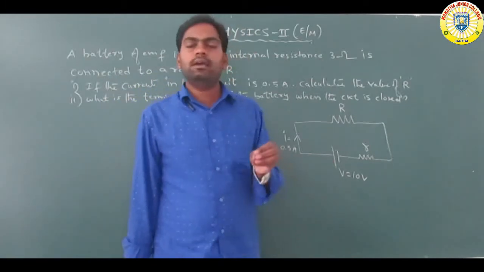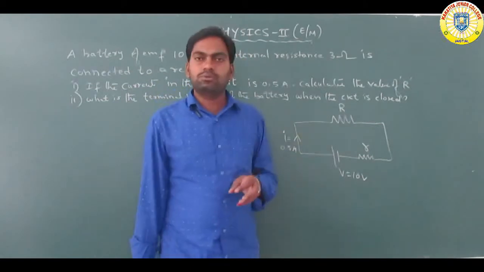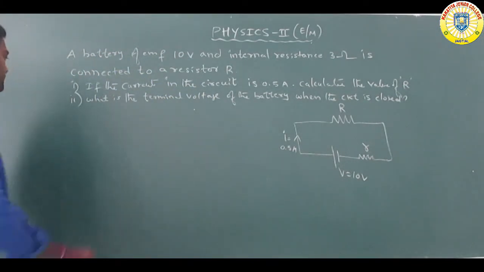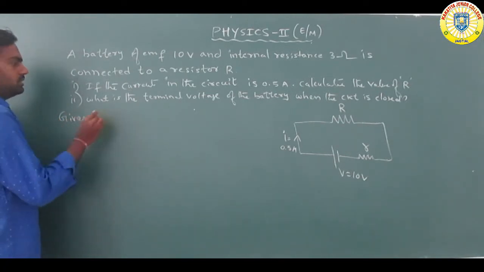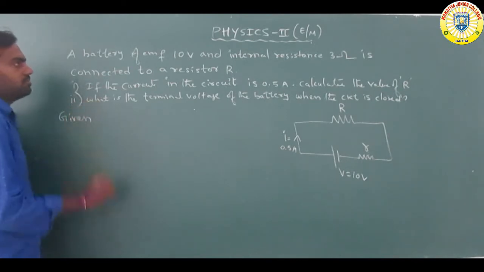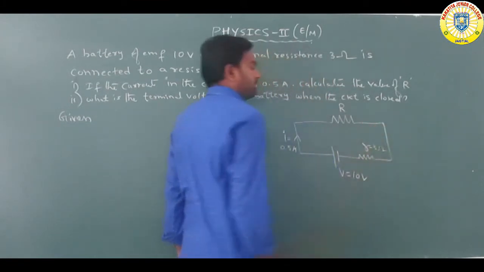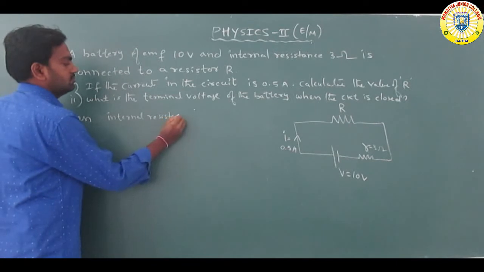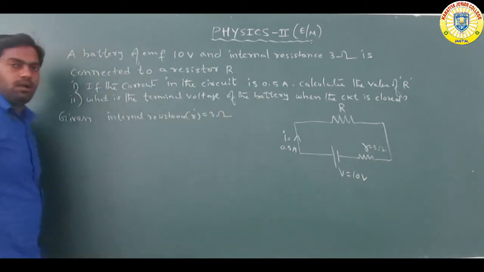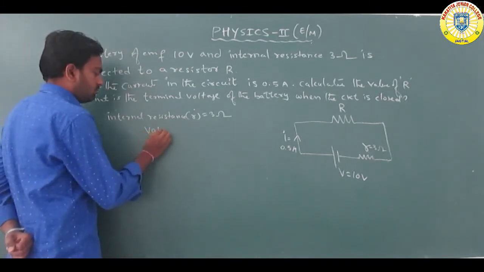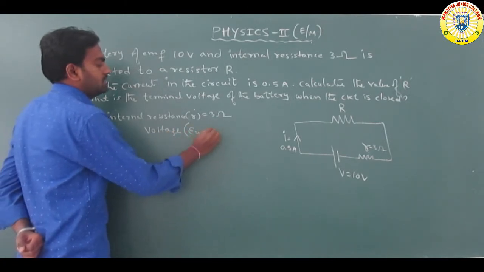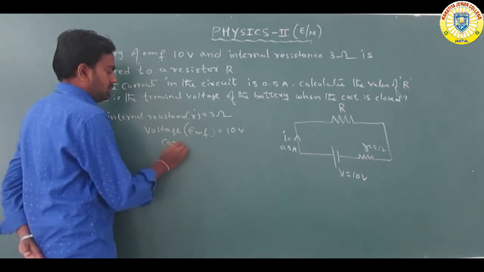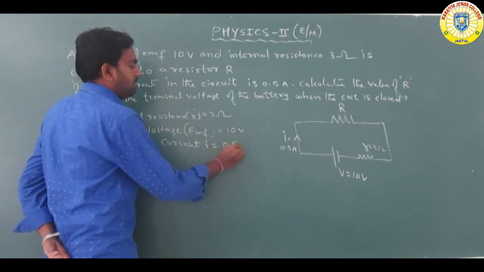This is a battery of 10 volts, and the current passing through the circuit is I equal to 0.5 amps. So given information: internal resistance small r is equal to 3 ohms, EMF is equal to 10 volts, and the current I is equal to 0.5 amps.